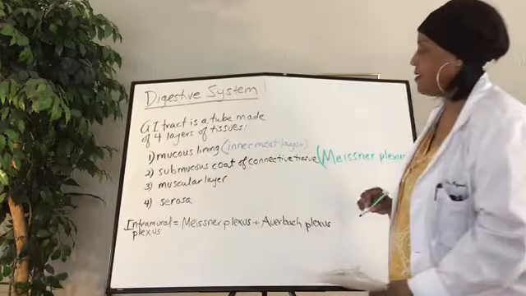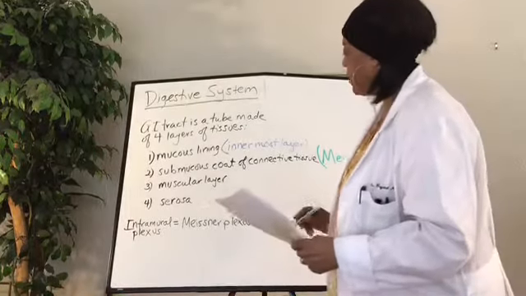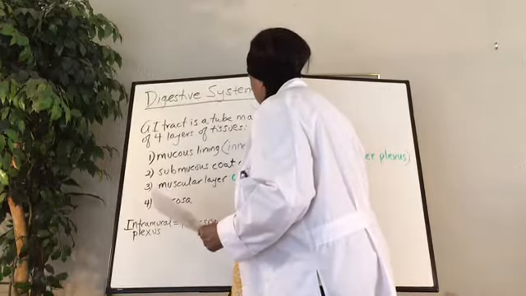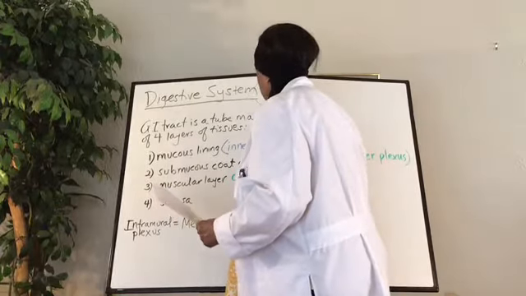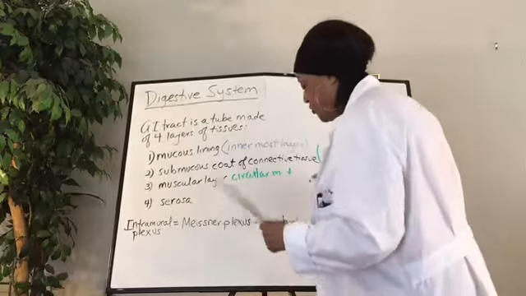Okay. The next layer is a muscular layer, and this layer is made up of circular muscle and longitudinal muscle.